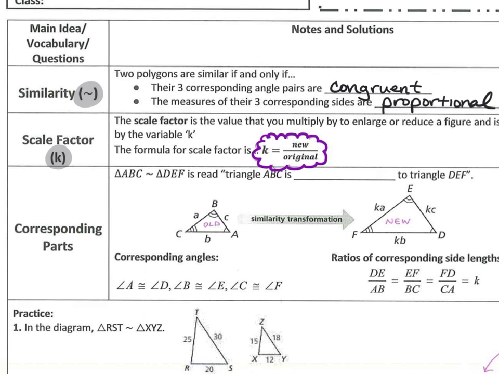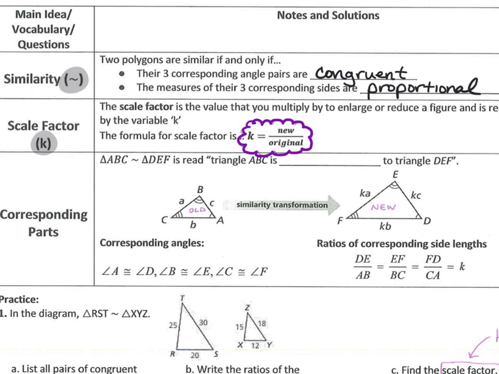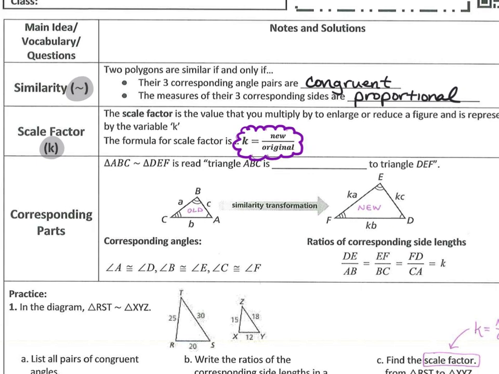The last part, and we've already covered this in a different chapter, but we're talking about corresponding parts. Corresponding parts are all going to be congruent for similar triangles. So if I give you the information that triangle ABC is similar to triangle DEF, then we know the following.